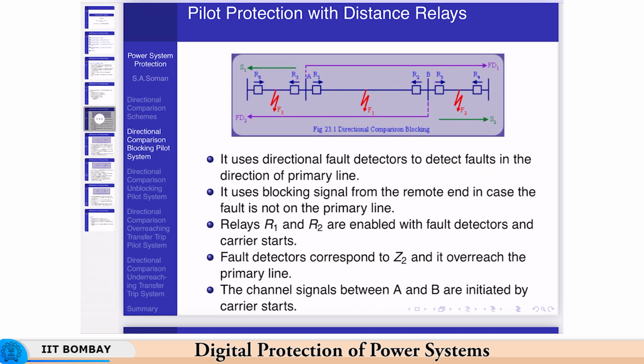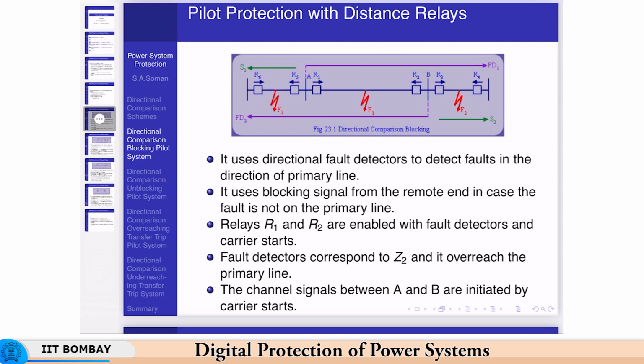So here the fault detector, as the name says, is used to detect fault in the direction of the primary line. So FD1 will pick up for fault F1 as well as for fault F2. Similarly, FD2 will pick up for fault F1 as well as fault F3.